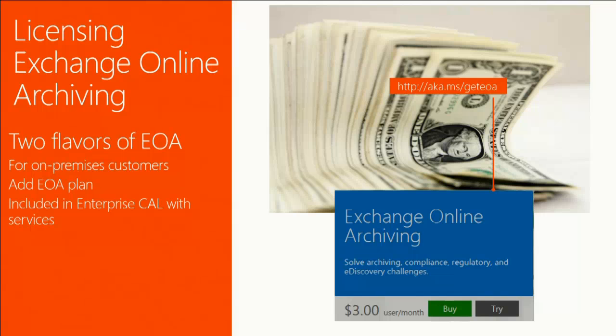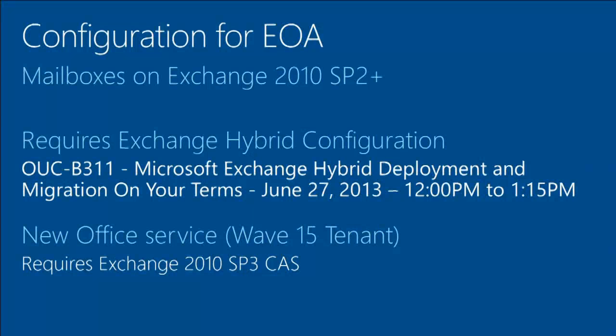It almost looks like I'm selling it here. But now, configuration for EOA. The mailboxes on premises need to be at least Exchange 2010 SP2 or higher. It can be 2013 also. It requires hybrid configuration. There was another session, I don't know if you attended it, OUCB 311 by Ben Appleby, an excellent session on hybrid configuration, where he shows you all that it takes.